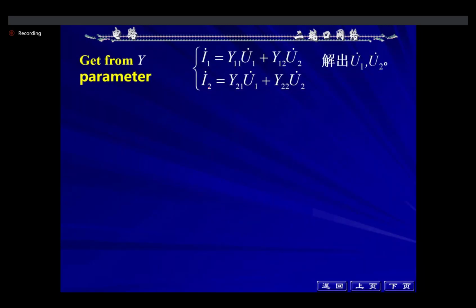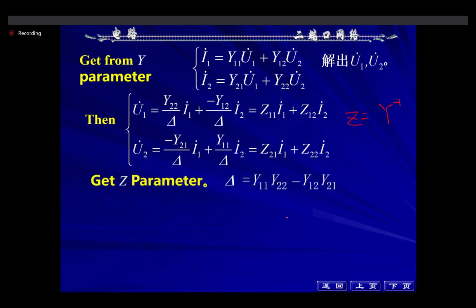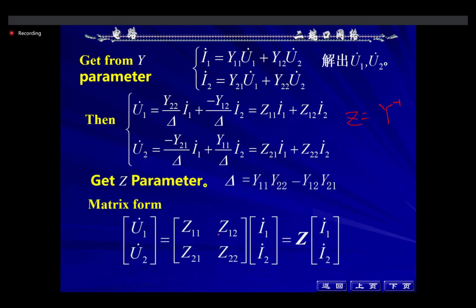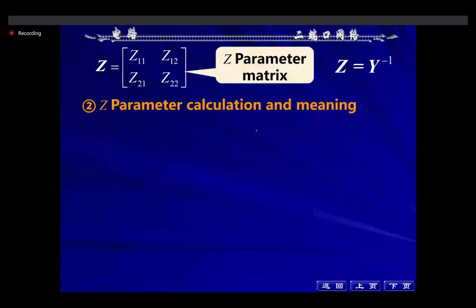We can get the Z parameter from the Y parameter directly. From this function, get the Z. Z will be the inverse of the Y parameter. This is a matrix form. Use I1, I2 to express U1, U2. The Z parameter will be the inverse of the Y parameter.